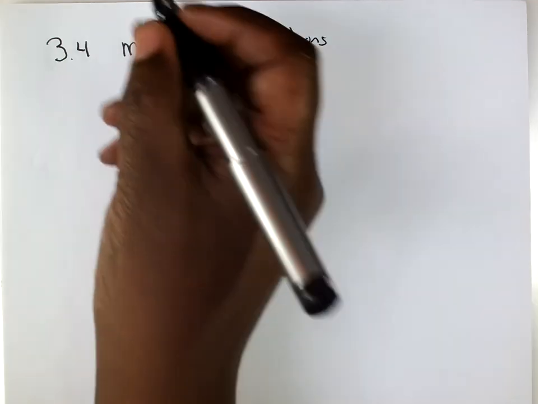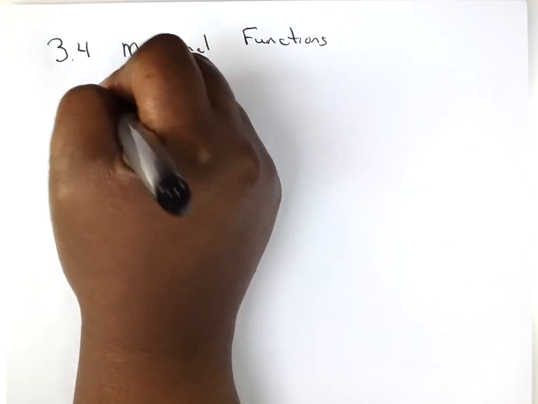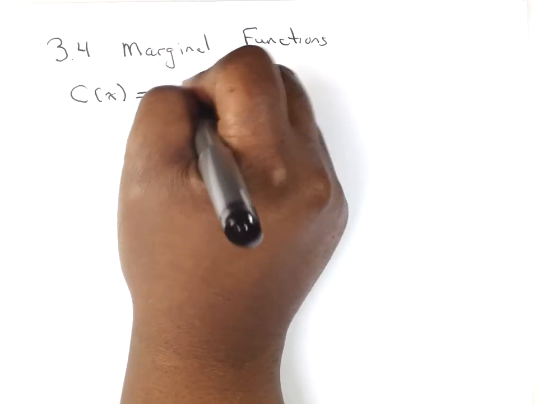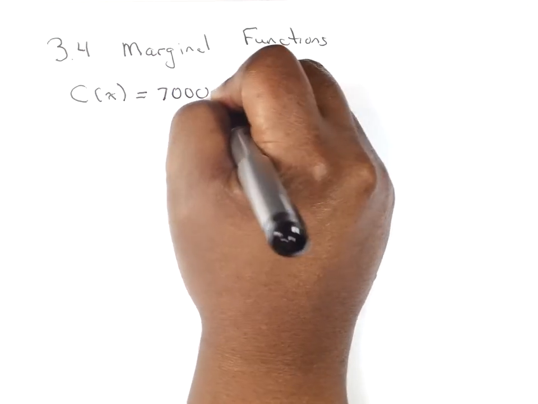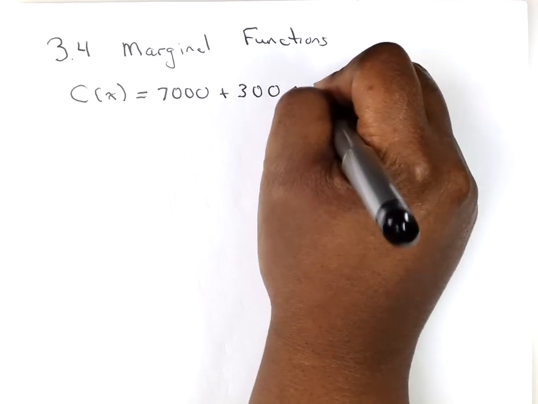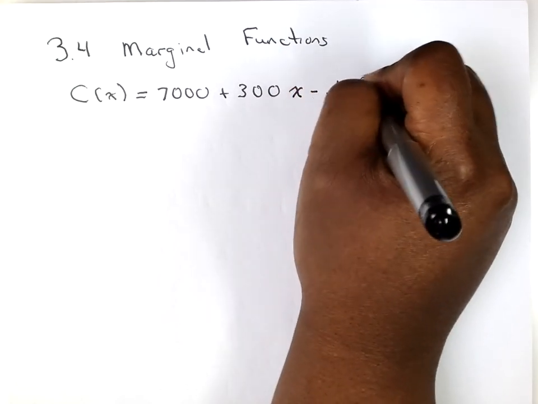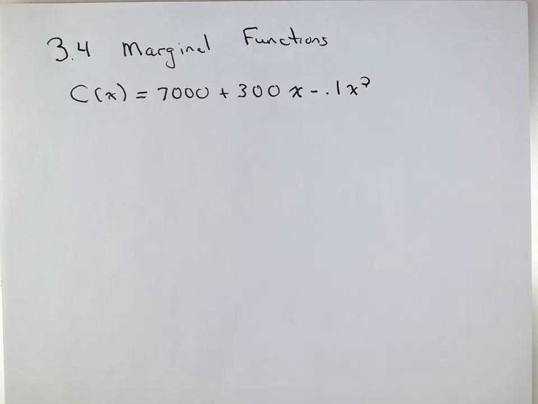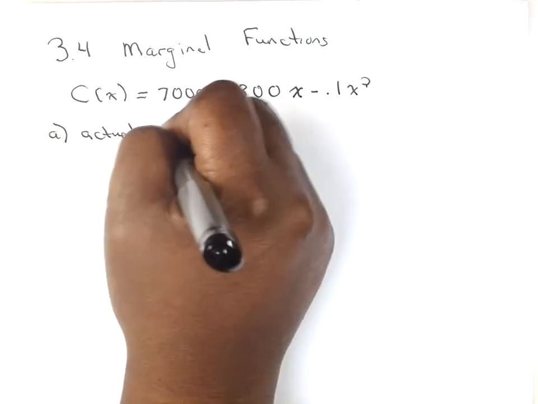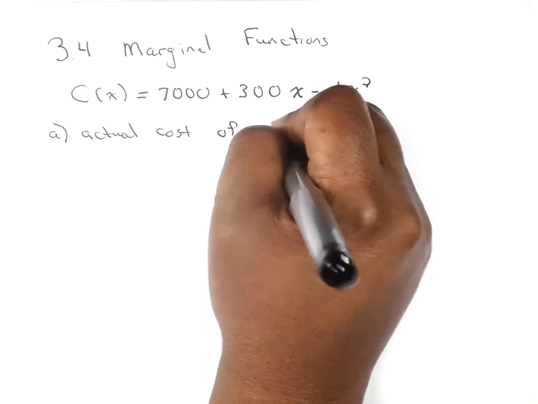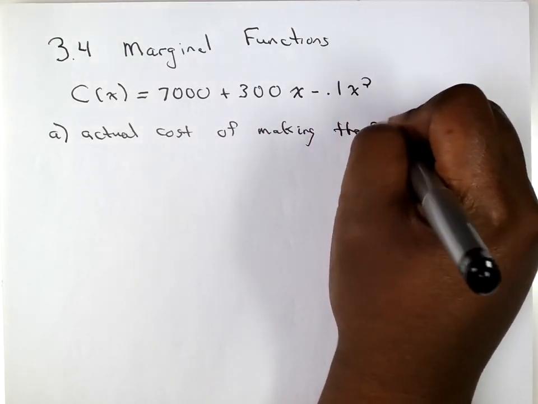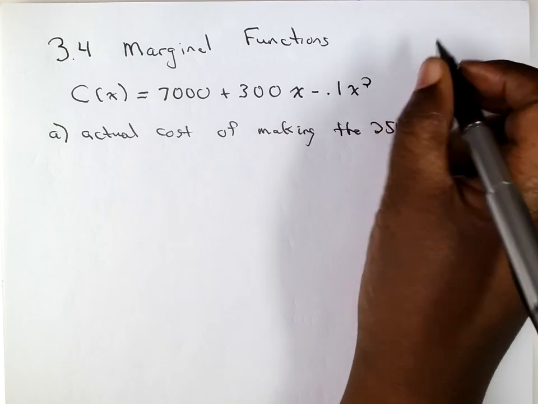So this is a cost function for the number of washing machines that were being made by a particular company. The equation is given to us as 7,000 plus 300x minus 0.1x squared. So the first thing I want to know is what's the actual cost of making the 251st washing machine.